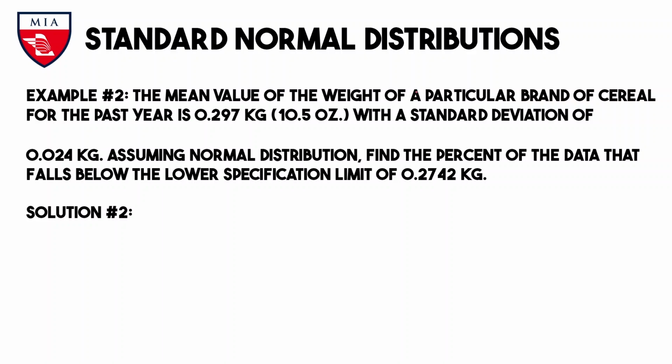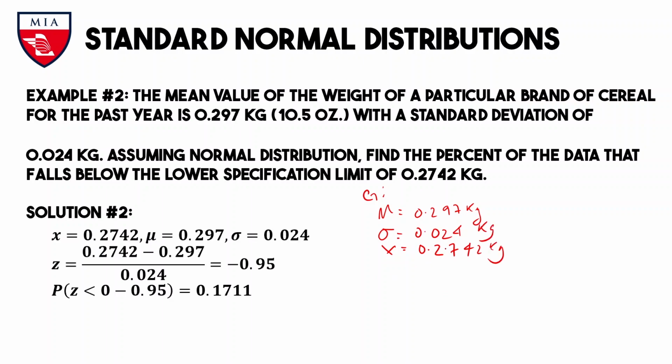So let's start with the given. We have the mean, mu is equal to 0.297 kilograms. For the standard deviation, we have 0.024, and x is 0.2742 kg, also in kilograms.